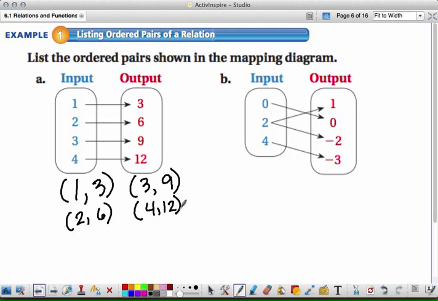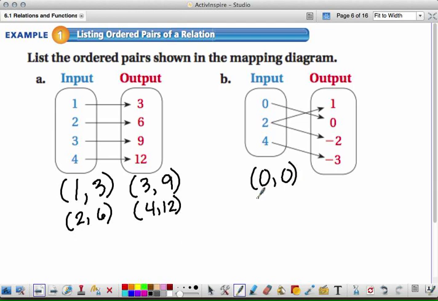If you look at the next one, if you look at our example B, you notice that the lines are kind of crossing over each other, and it looks like it's going to be a little bit more difficult, but you do the same thing. You choose your input. For example, this is a 0. You follow that ray, and its output is also 0. So it's not necessarily what's straight across from it, it's where that ray is leading you to.